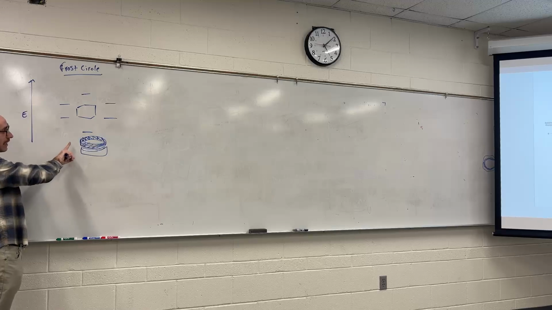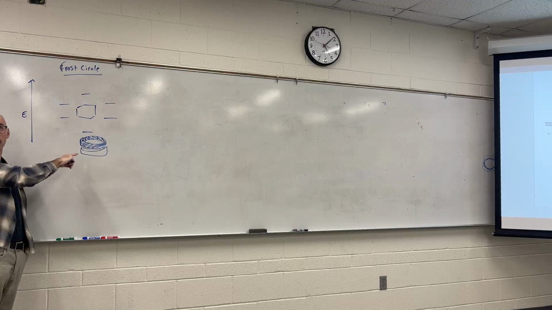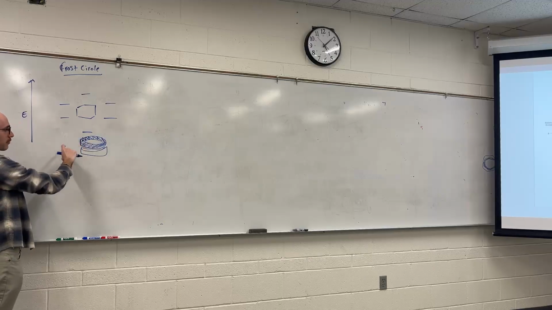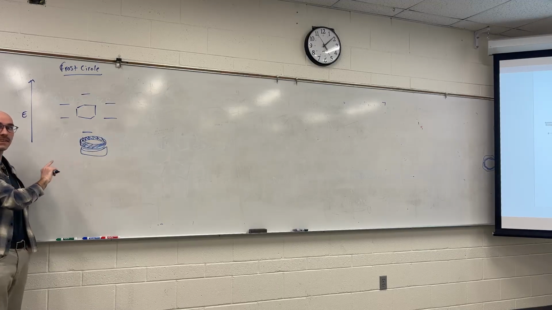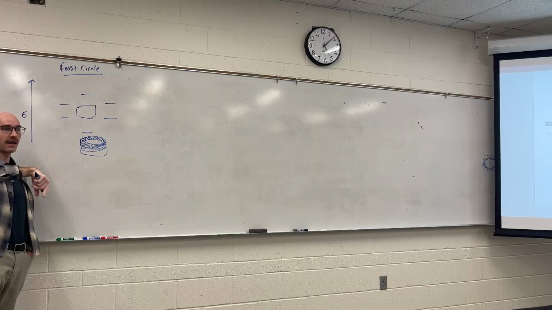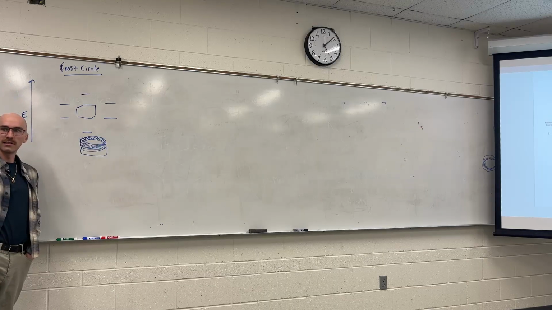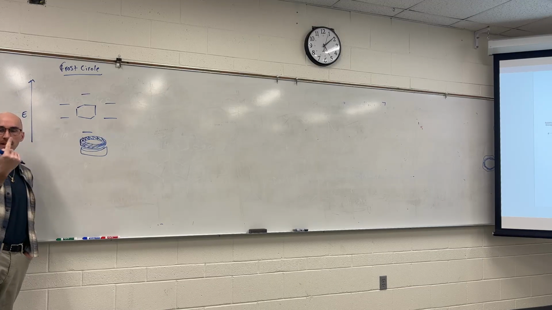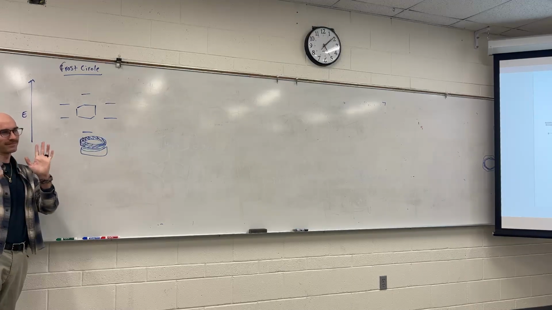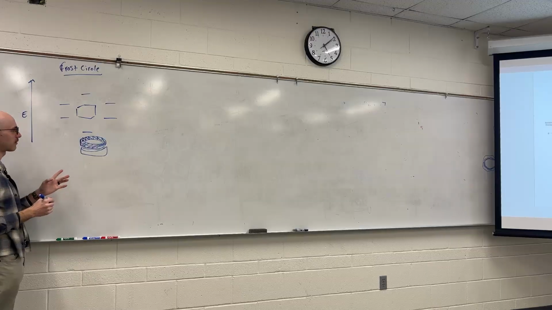Here's a fun trick. If you can get those two electrons that exist around the entire ring at once to move in a circle, then you can generate a magnetic field, because electrons that move in a circle create a magnetic field perpendicular to that motion. Physics 2 type stuff.